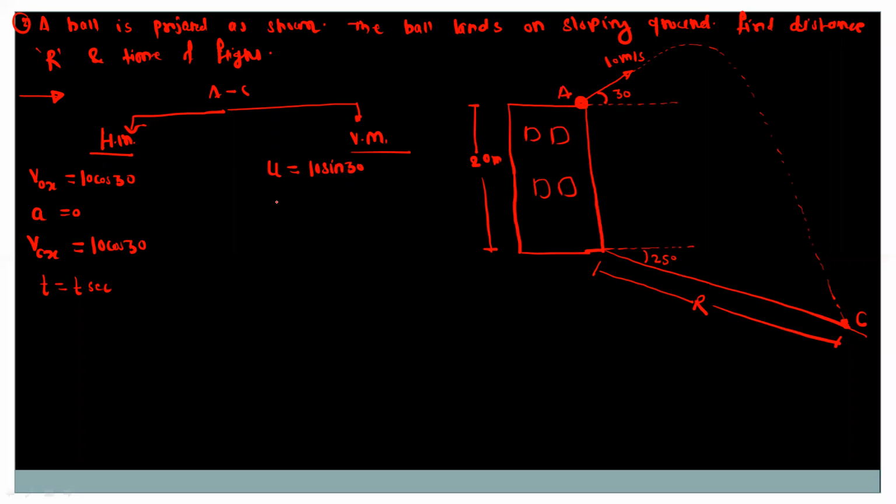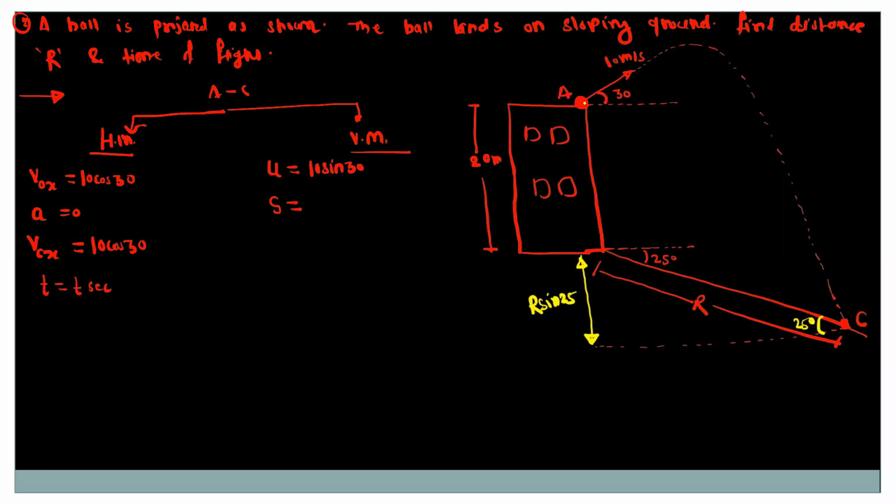Then displacement S is the net displacement from point A to C. So draw one horizontal line from point C. So this angle is 25 degree. So this angle will be the same, it is 25 degree. This will become the hypotenuse. So it is R. So this is equal to R sin 25.